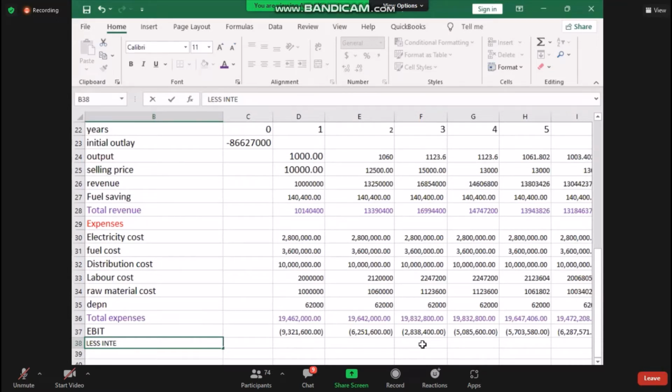But if they are using retained earnings, they have their own money, they didn't go to the bank, they didn't borrow the money, then you don't need this interest. For what? Because it is your money. Okay, so for this case, we don't need interest. Why? We are showing that we used our money. The company used its own money, maybe the retained earnings it had.